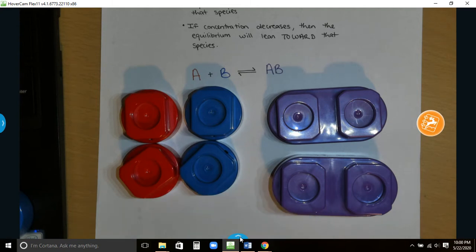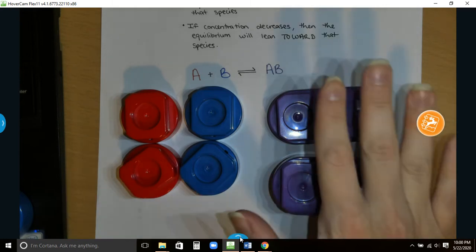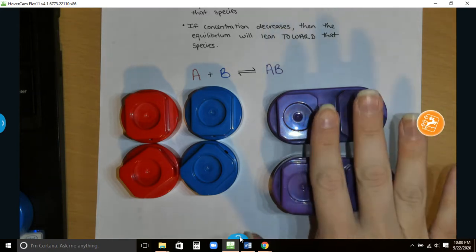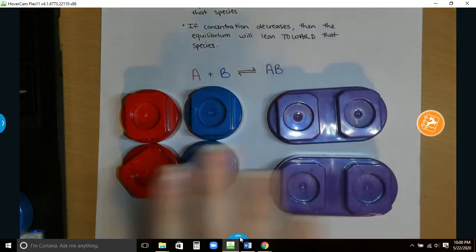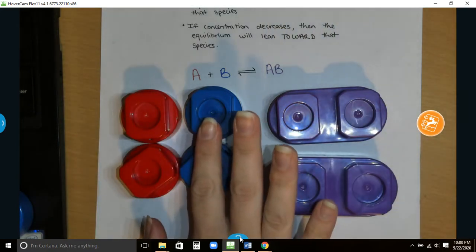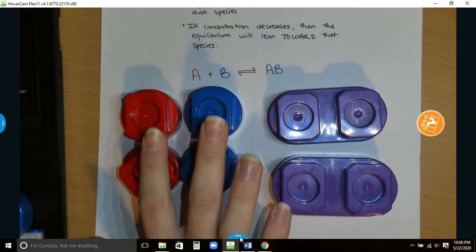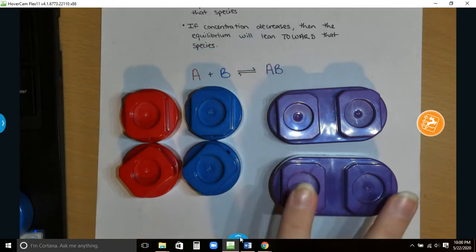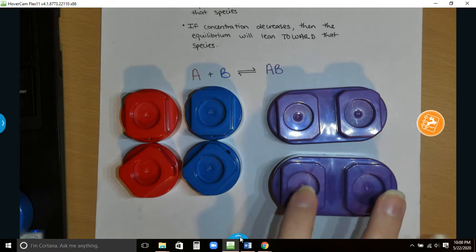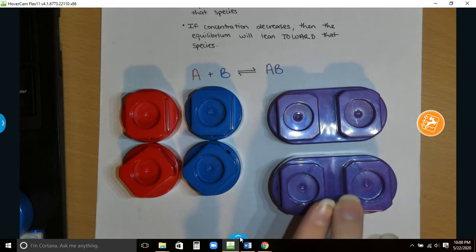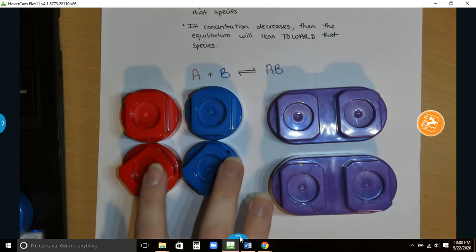So right now, this is at equilibrium because the reaction that's forming this purple AB is equal to the reaction that's forming my individual A's and my individual B's. Every time an individual A and B collide together to form a purple block, purple blocks come together and collide to form these two.